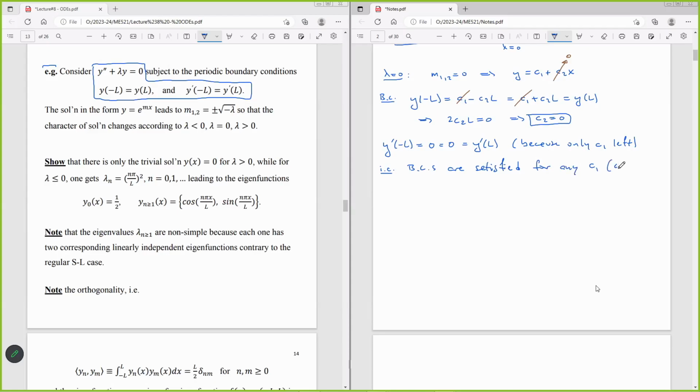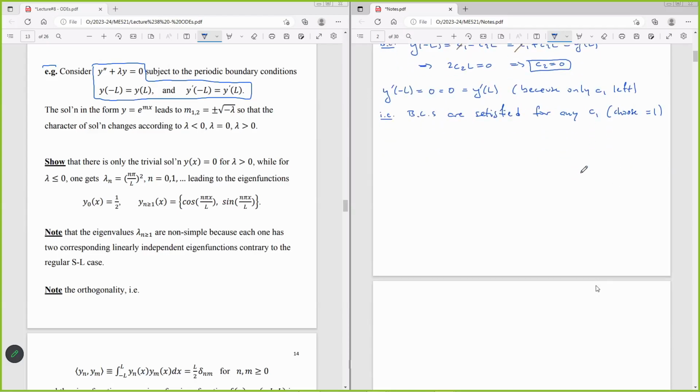So choose it to be 1, because 1 is always a nice normalized quantity.